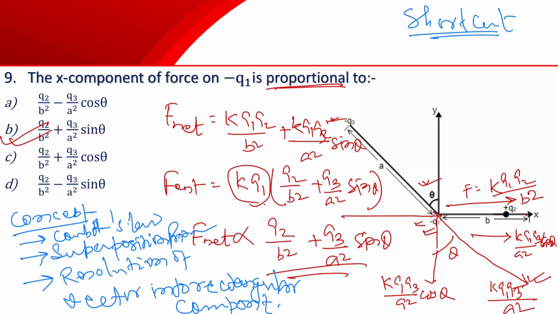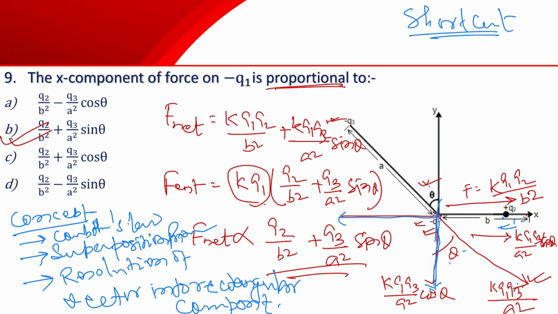Now see, if we do not calculate, we just take the components, extend this y-axis and extend this x-axis, and if this angle is theta, then the x component of this force will definitely be sine theta, not cos theta, and these two are in the same direction, so there will be an addition sign, plus sign.